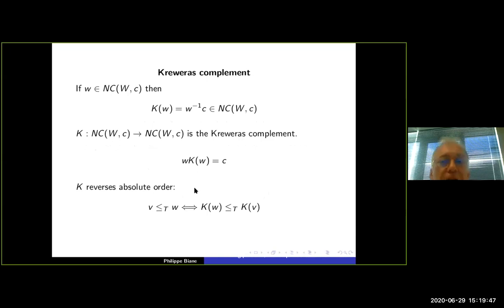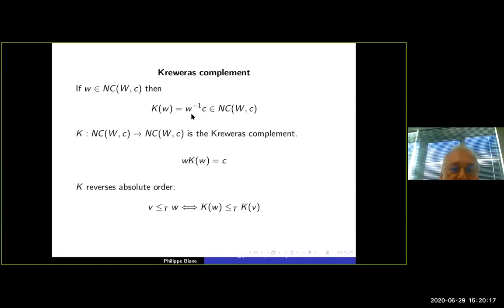Mm-hmm. Now, I need to define a notion on the set of non-crossing partitions, which is the notion of Kreweras complement. If W is a non-crossing partition, then its Kreweras complement is defined as follows. You know that W is on a geodesic from E to C on the Cayley graph.